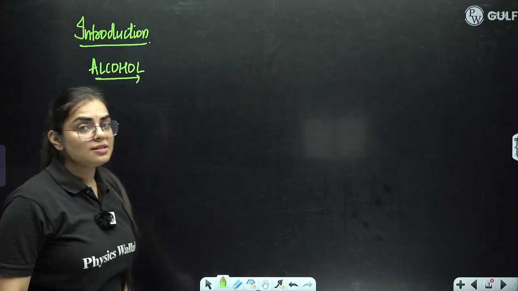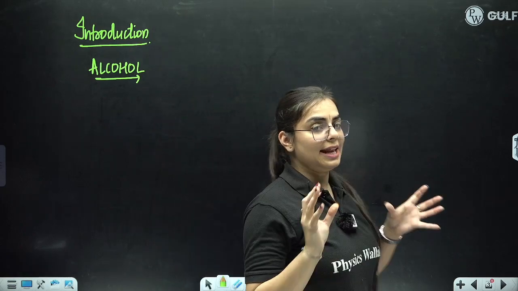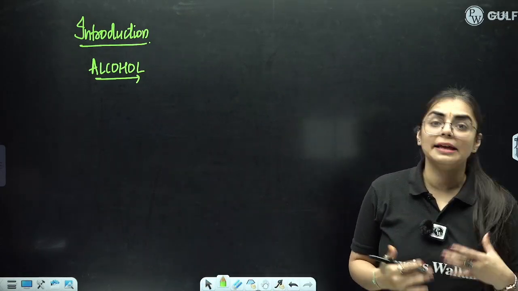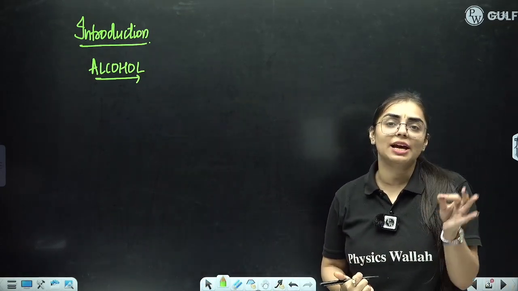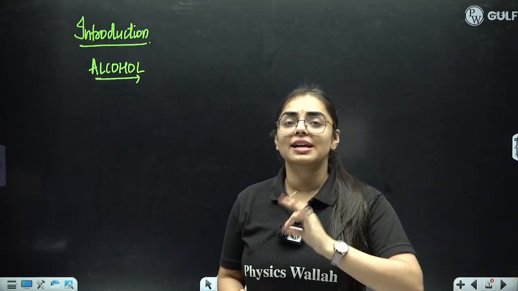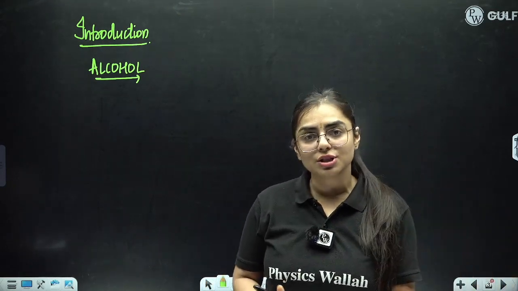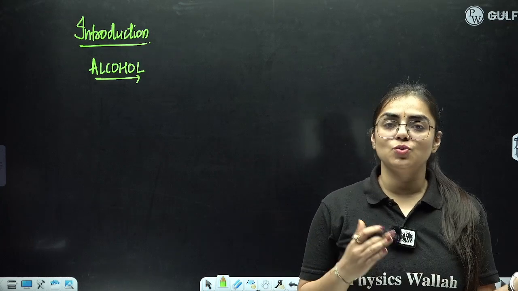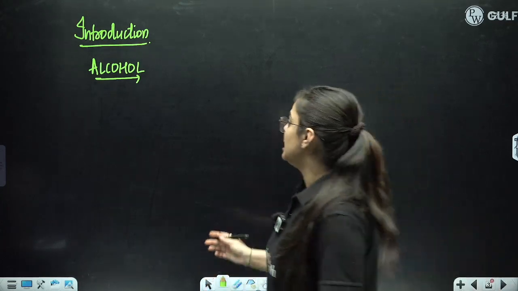Now, it's very simple. For example, in any hydrocarbon, let's consider an alkane, if we are removing one hydrogen atom and adding one OH group, that is the hydroxy group, that basically refers to your alcohol, right?